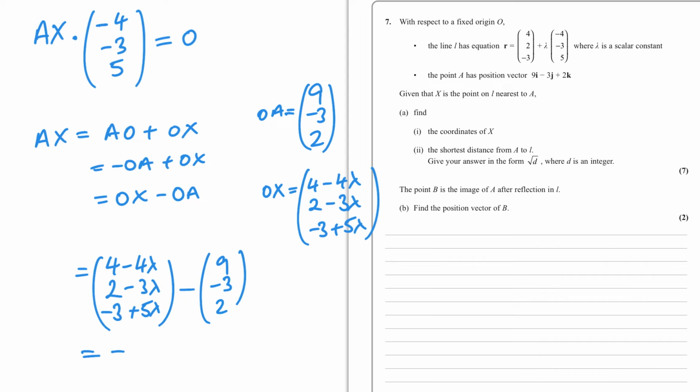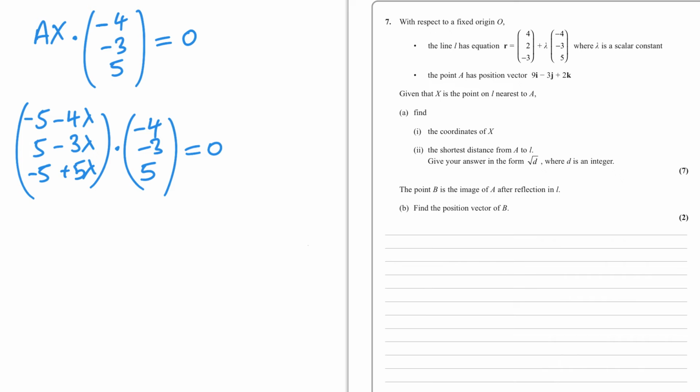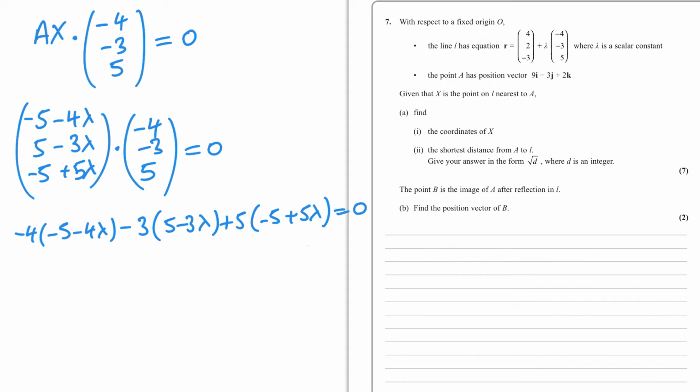So that's going to give me minus 5 minus 4 lambda, 5 minus 3 lambda, and minus 5 plus 5 lambda. And that is my AX. Now, what that means is we've got minus 4 times minus 5 minus 4 lambda, minus 3 times 5 minus 3 lambda, and 5 times minus 5 plus 5 lambda, and this is equal to 0.